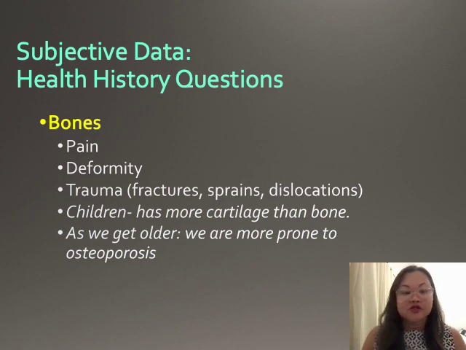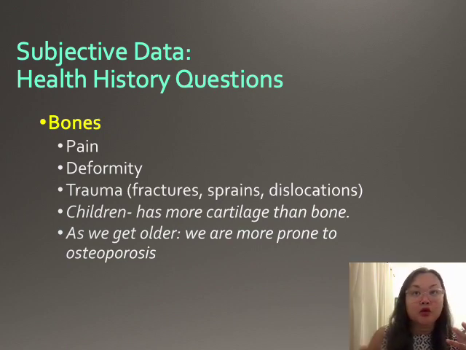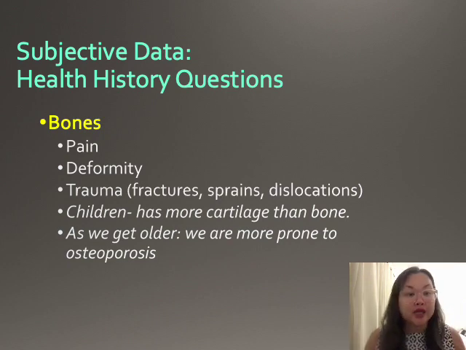If they do have numbness and tingling of what they may think is their bone or their joint, and it's limiting movement, I would also ask questions to rule out any type of neurological reason for why they're having this type of pain.